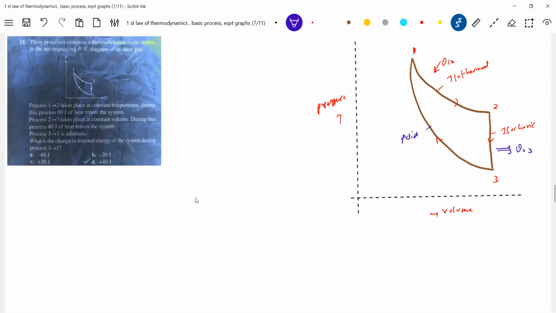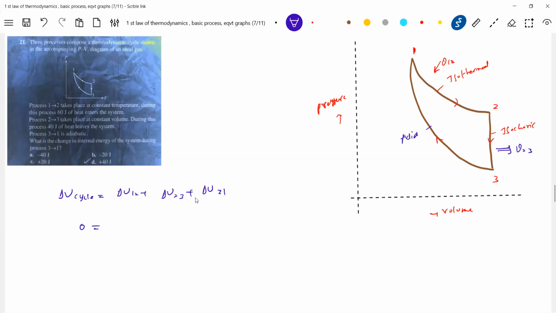Okay, I'll stick to the very simple conditions. What is delta U for the total cycle? Delta U12, delta U23, delta U31. This should be 0, no?